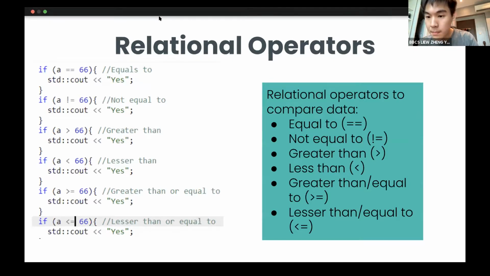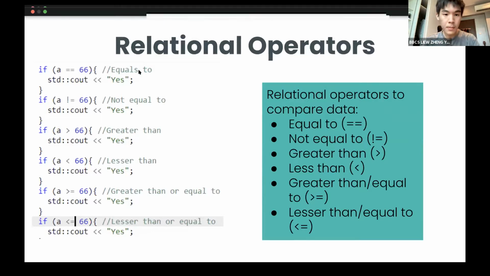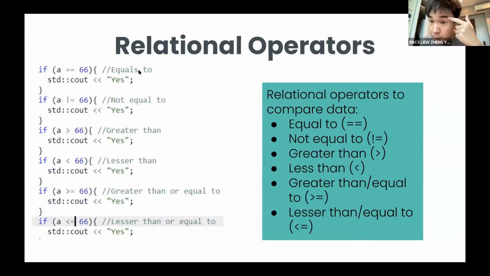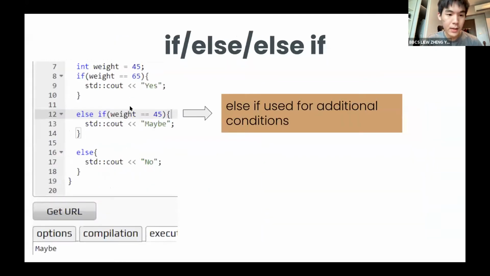What if we want to put a range for the if statement? A range of numbers for the if statement? Oh yeah, okay. So basically what she's asking is, let's say we want to give a range of weight.